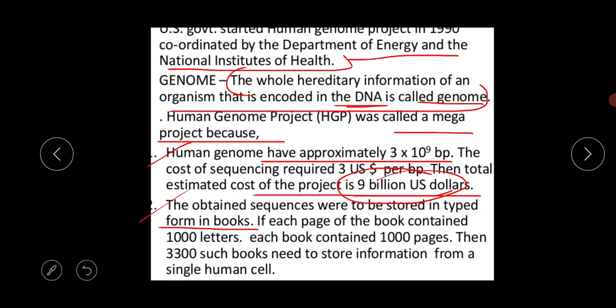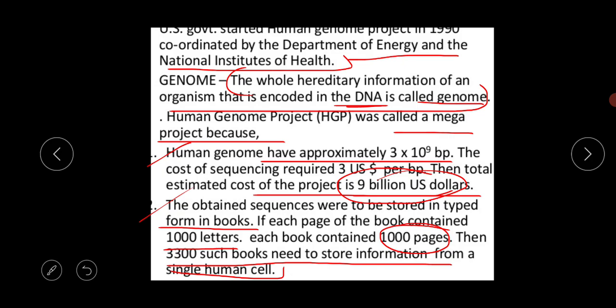If each page of the book contained 1000 letters, and each book contained 1000 pages, then 3300 such books would be needed to store information from a single human cell. So we need 3300 books to store this kind of information from a single human cell, and we have approximately 100 trillion cells.